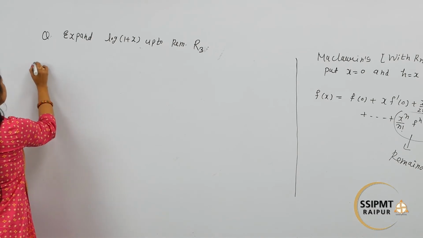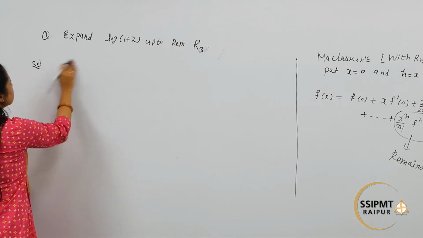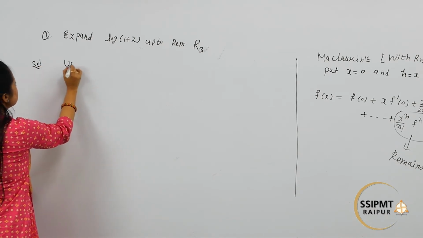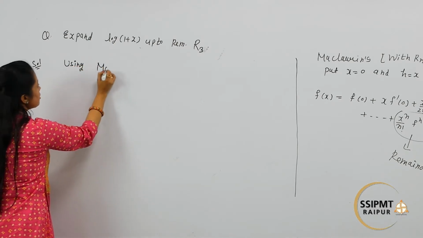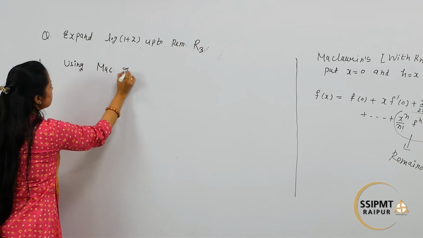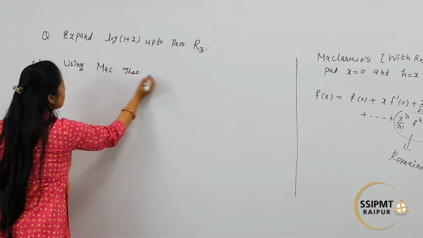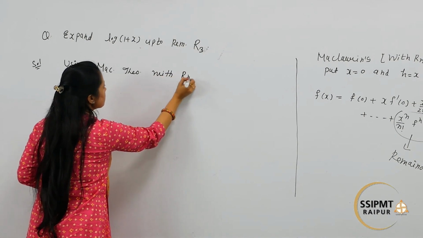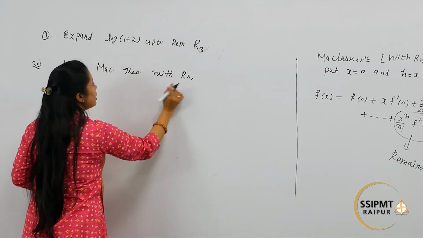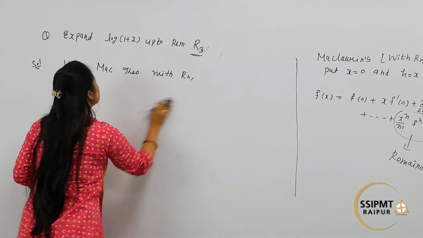So using Maclaurin's theorem with remainder, here we have to use R3.